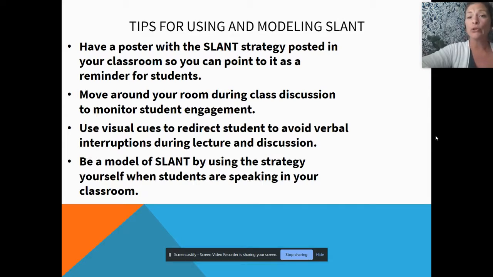You will see the visual clues in my classroom to reward you, as well as to remind you about interruption during lecture and discussion. And of course, when I'm listening to you, I'm actively asking, answering, and taking notes about what you say when we're in discussion. So don't forget, I'm here as well as your peers every time you give a discussion.